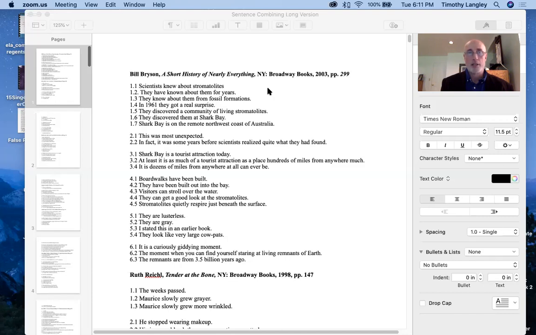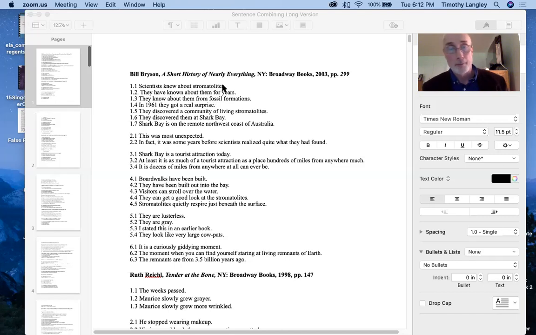What I did is I took this third sentence out and just reworded it a little bit, but I have all the main ideas. So I took those first three and made them into one sentence.